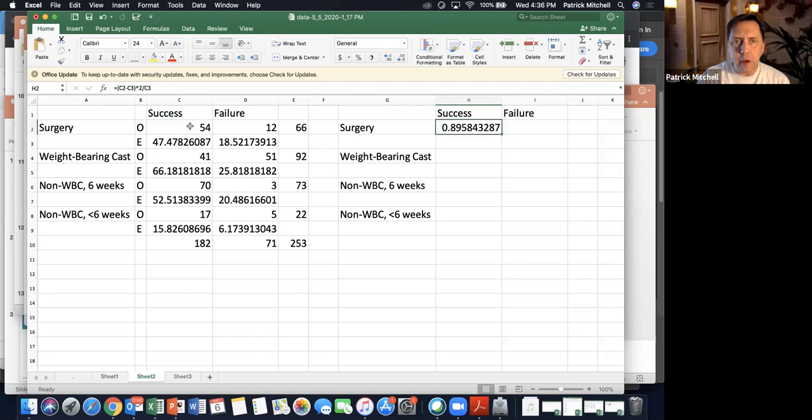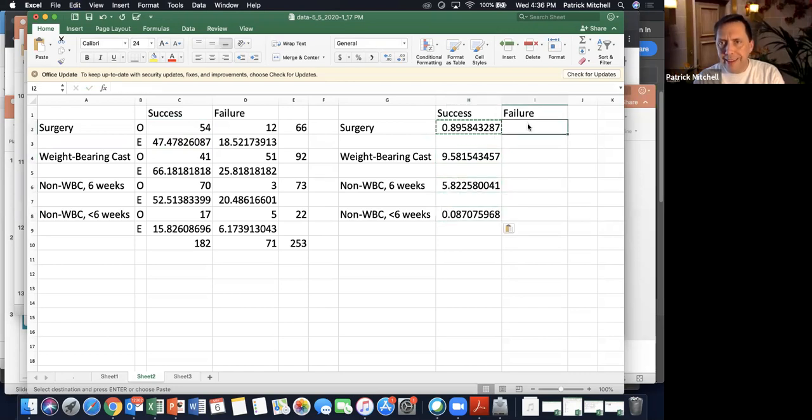In other words, it's always going to look here and here for the O and the E. And as long as I always put this in the same relative position, then it's always going to be looking in the right place.